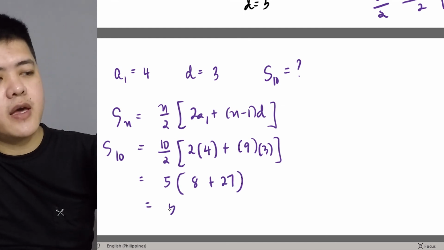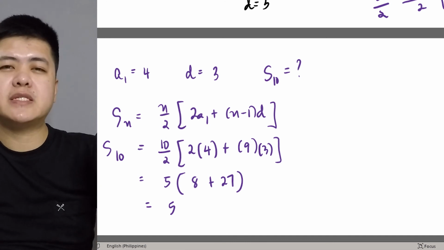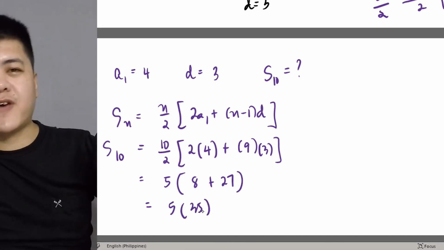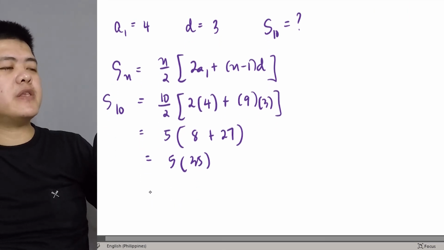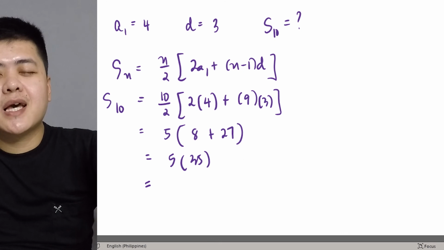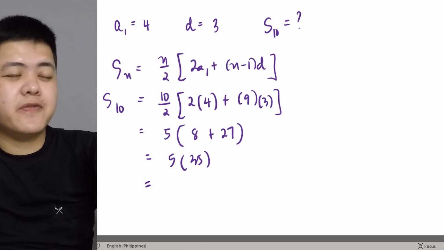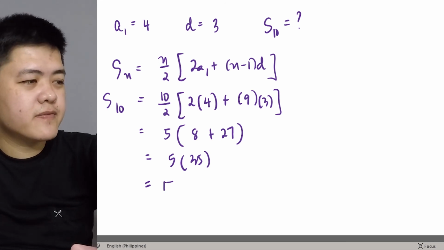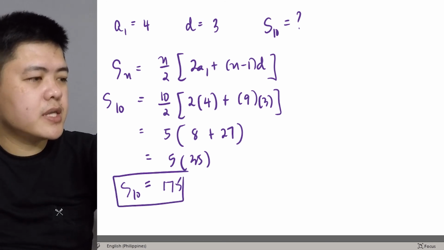So 27 plus 8 is 35. So what's 5 times 35? 5 times 30 is 150 plus 25. So it's 175. So S sub 10 is equal to 175.